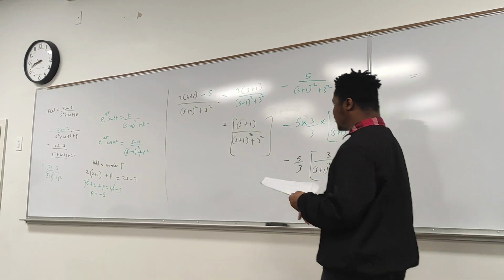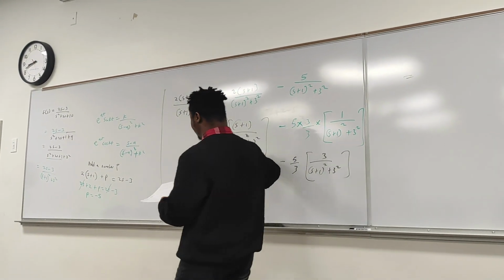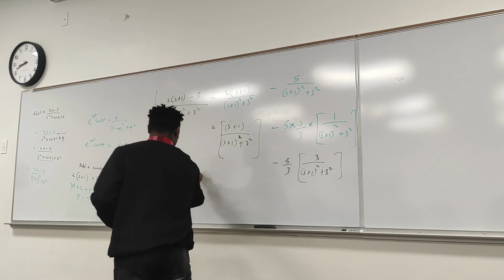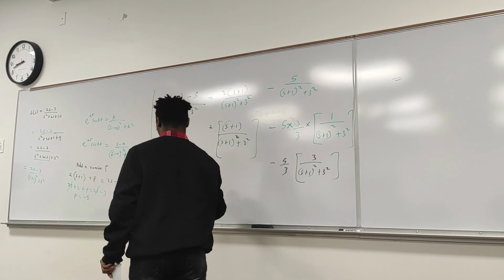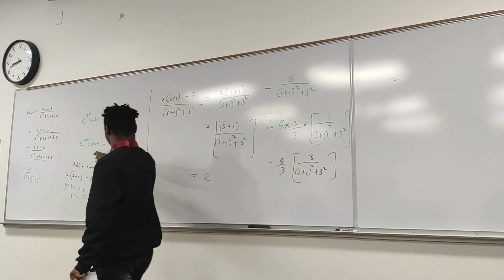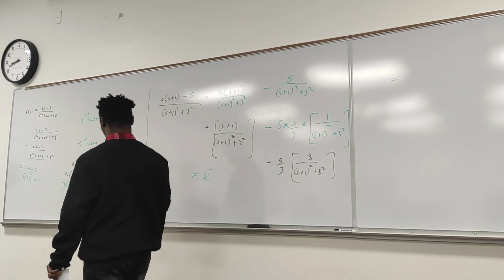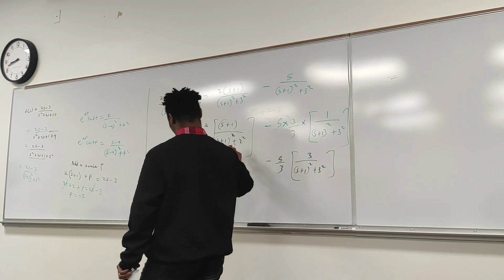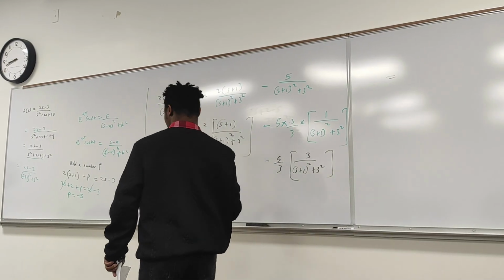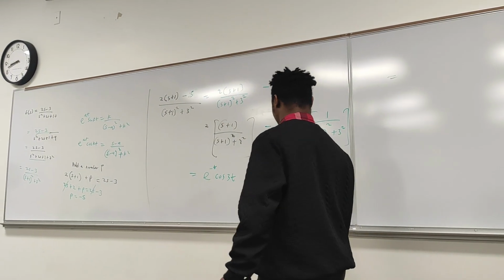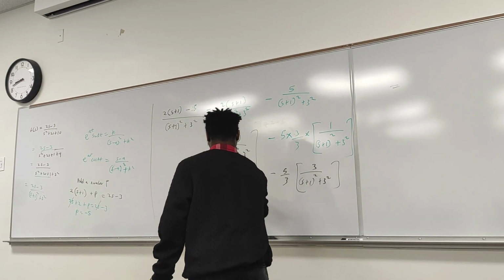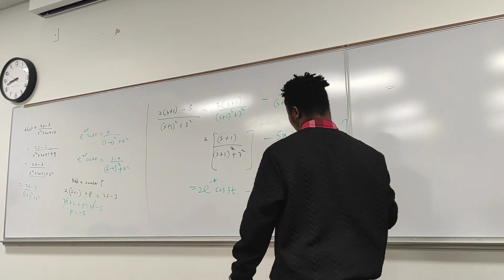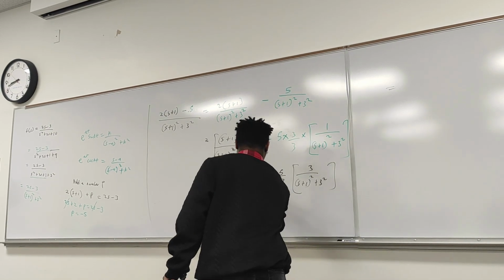So the inverse of this, if you compare it to this, is going to be exponential minus at, right? A is minus 1, right? So exponential minus t cos kt, our k is 3, that's 3t. That's this one. Then, remember there is a 2 there, the 2 is still there. Then minus 5 over 3.